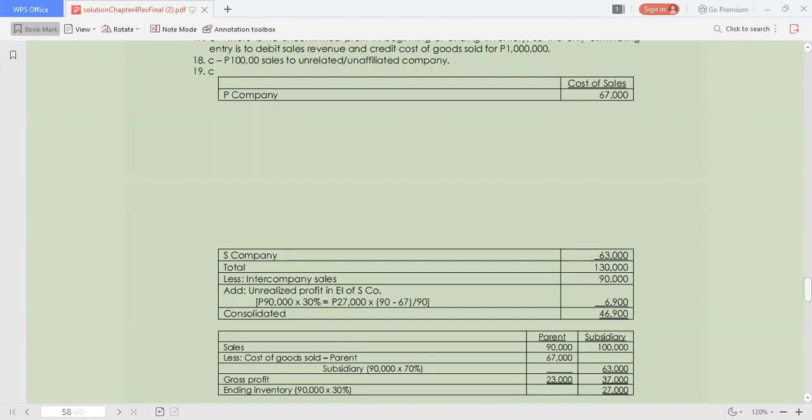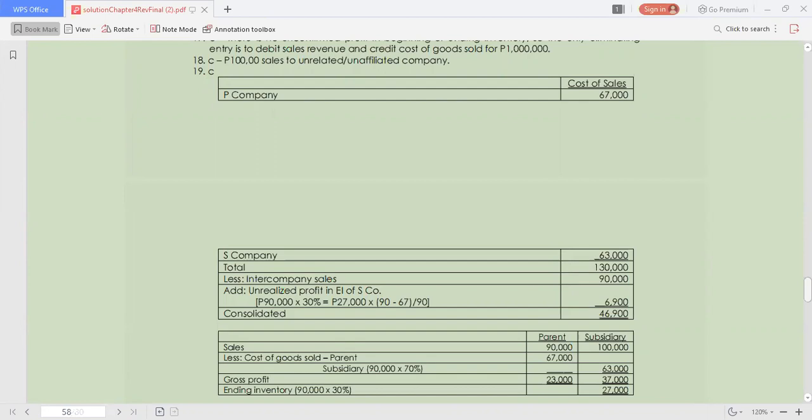So the amount of the consolidated cost of sales in number 19, the amount of consolidated cost of goods sold is letter C. That's 46,900. So consolidated cost of sales.